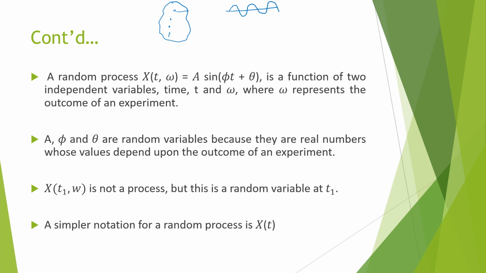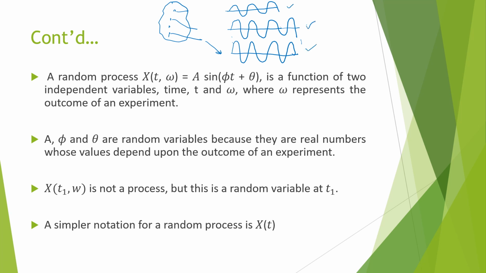Let us imagine that each outcome is a harmonic oscillator. So definitely we have different types of waveforms here. Each harmonic generator is generating a waveform like this, a time signal.